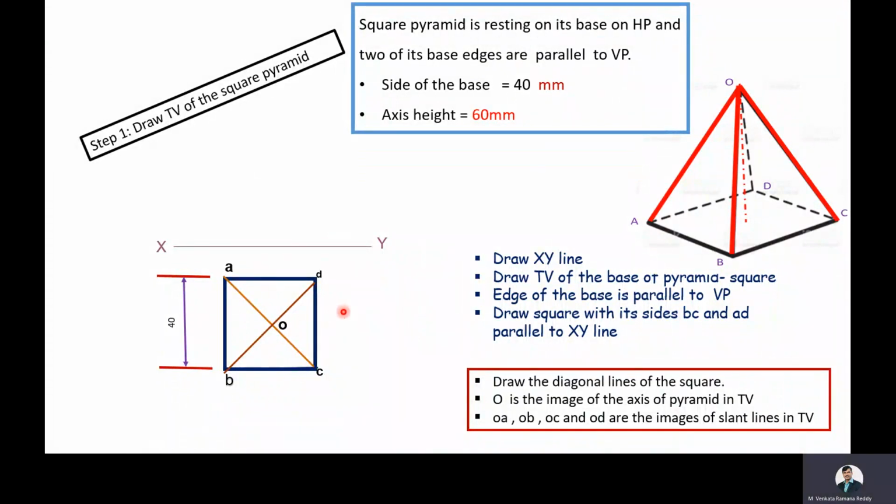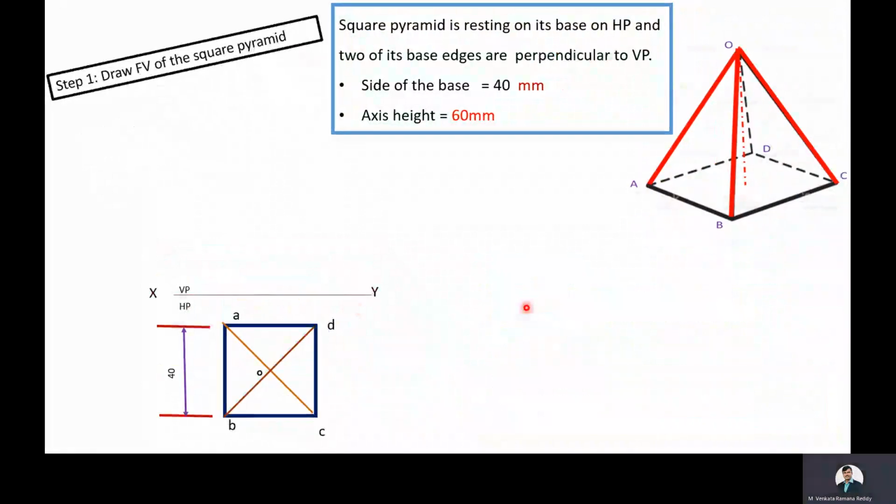Then we'll move towards drawing the front view of a square pyramid when it is resting on its base on HP and axis parallel to VP. For drawing the front view, what we have to do? We have to draw the projectors through the top view points, namely A, B, C, D and O towards the vertical plane.